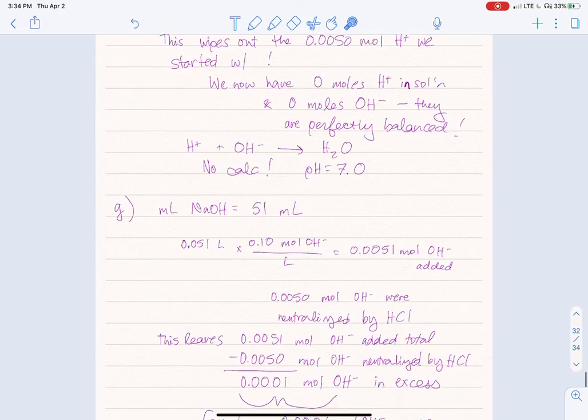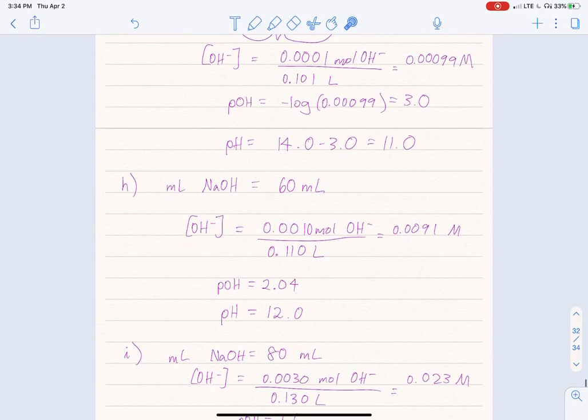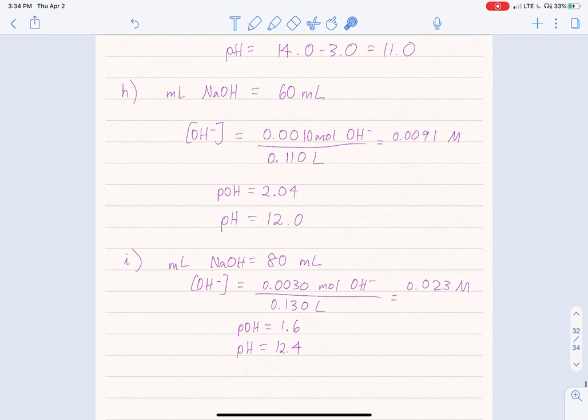It's going to be similar to what we just did in the sense that I'm going to have excess hydroxide, in this case 0.001 moles of excess, calculate the molar concentration of hydroxide, get the pOH, and then the pH. So doing those calculations for both 60 milliliters and 80 milliliters, you can see that the pH is 12, and then it goes to 12.4.